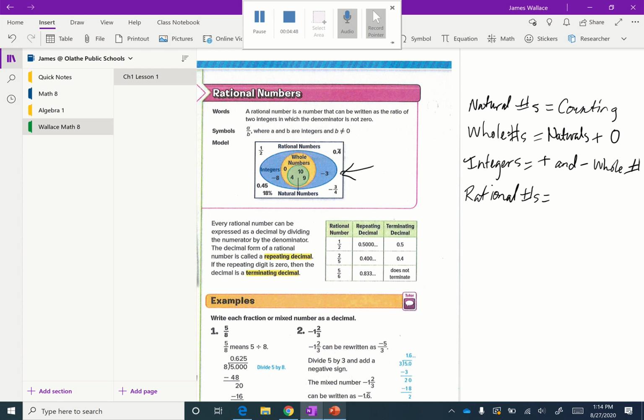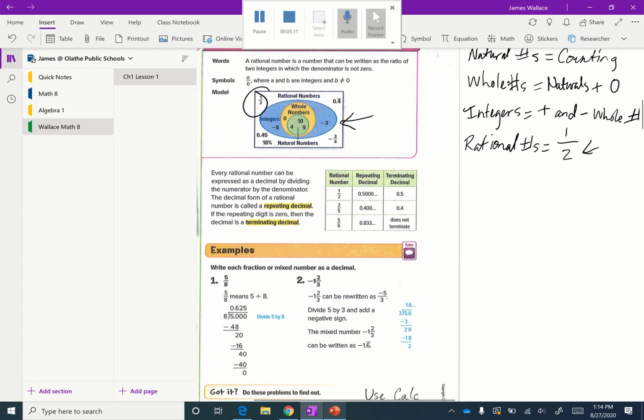One example they give here is 1/2. That one is a rational number just because it has an integer on top, 1, and an integer on the bottom, 2. So this is an example of a rational number.